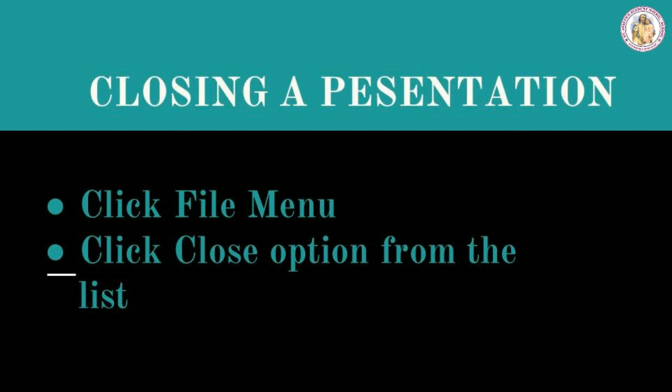If the current file is unsaved, if you forgot to save the file, the LibreOffice Impress dialog box will appear asking whether you want to save your file or not. If you select Save, your file is saved. If you don't want to save, choose the Cancel button to return to your presentation without saving. So this is the method of closing the presentation.